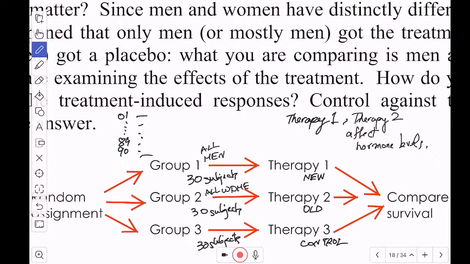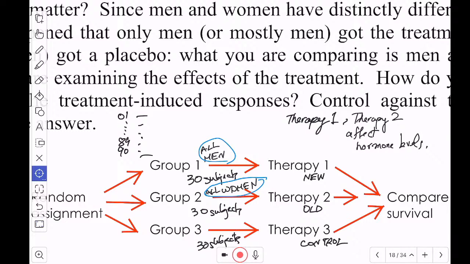It could happen. Only men or mostly men in group 1, mostly women in group 2. And then this will confound the effects of the treatment, because maybe any differences that are found in survival are attributable to the gender of the person and not the treatment. Because we know that there is an effect that's different for men and women.